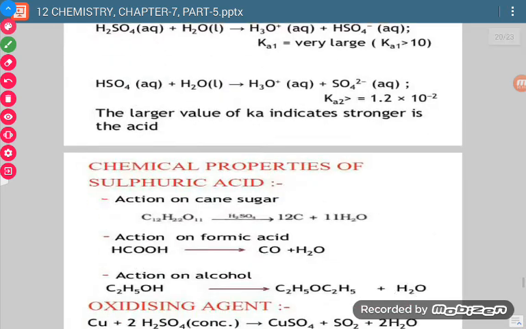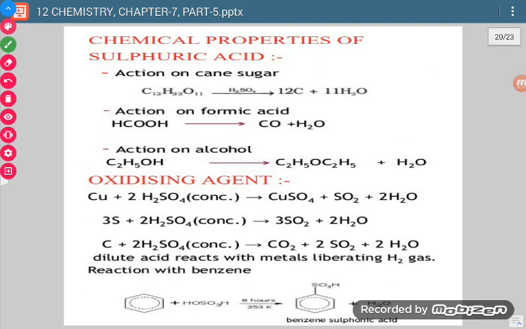Okay. Now, what are the chemical properties of sulfuric acid? First of all, in this reaction cane sugar is treated with sulfuric acid and it forms carbon. This is also known as charring of sugar.